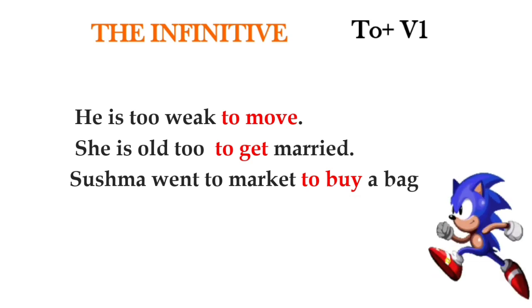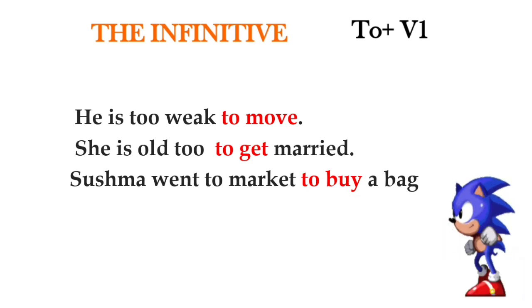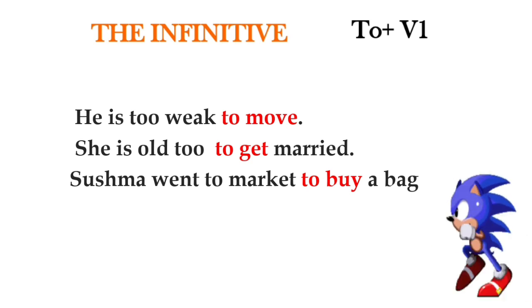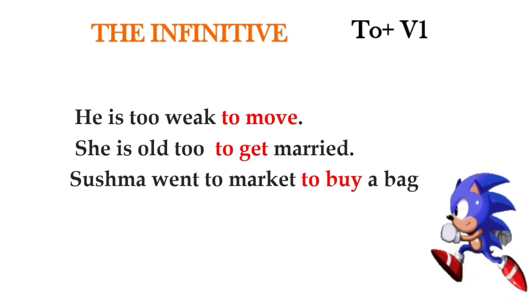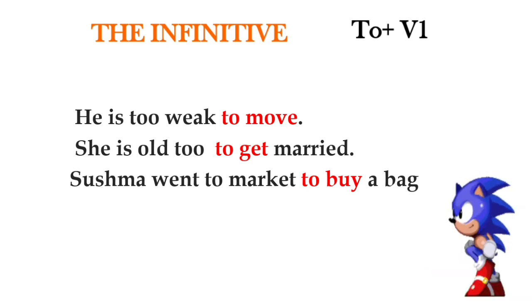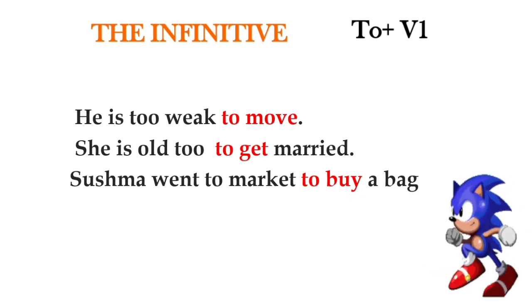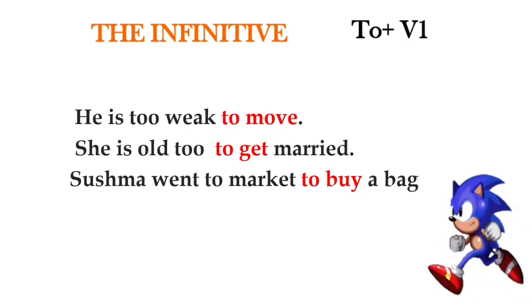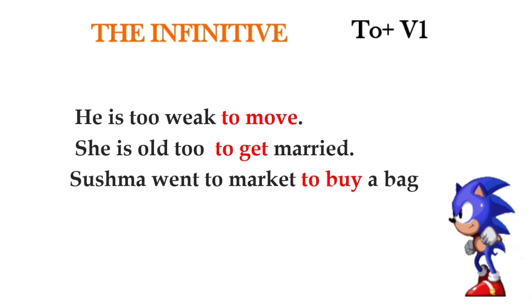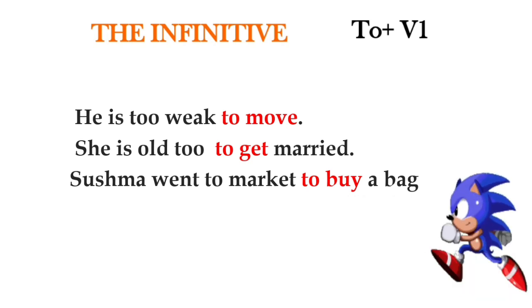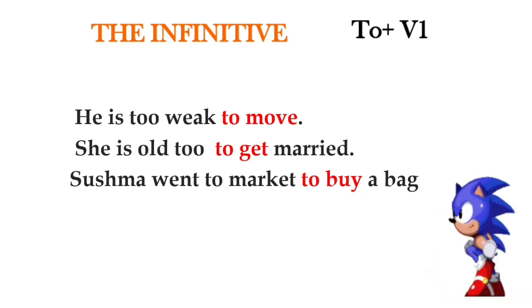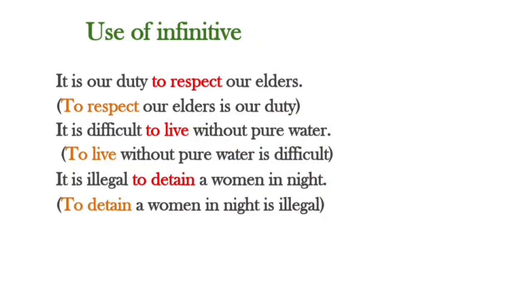Here Sushma is the subject, went is a finite and to buy is a non-finite, specifically the to-infinitive. You got it, to-infinitive is nothing but to plus verb 1 in a sentence. Okay, then see, here are some to-infinitive examples, how to use them.